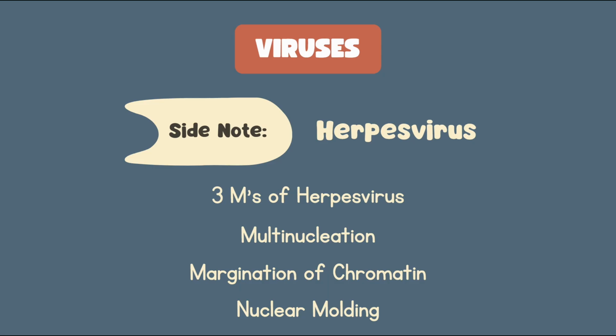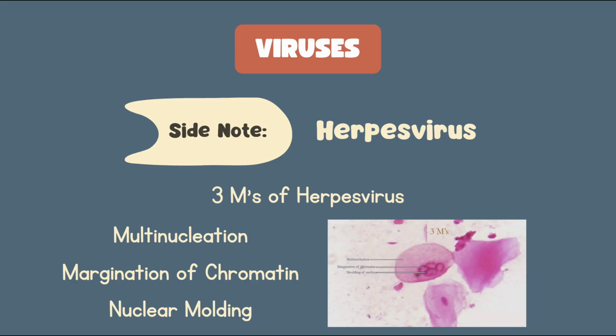In multinucleation, the infected cells fuse together and they form a large cell with multiple nuclei. In the migration of chromatin, the chromatin gets pushed to the edge of the nucleus, making the center appear clear and empty. The third change is nuclear molding. When many nuclei are packed into one cell, they press against each other.